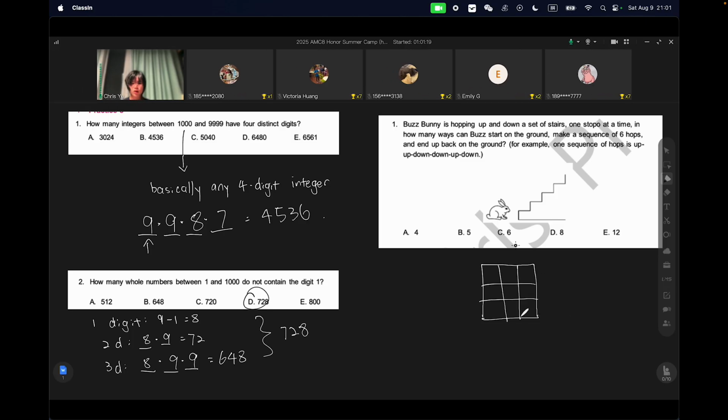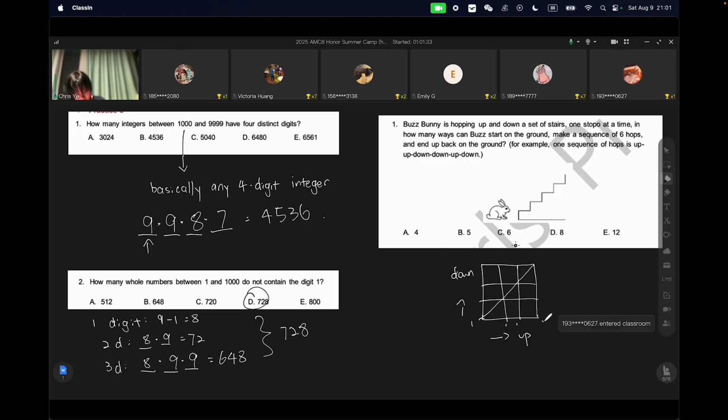Since we're going up 3 times and down 3 times, the grid is going to look something like this. This is up, this is down, down, and this is up. We start with 1. There is 1 way for each, and for this one, it's going to be 1 as well, using the addition principle.